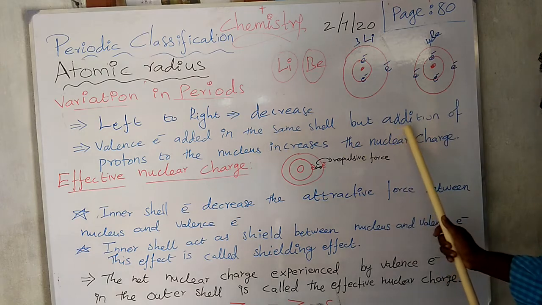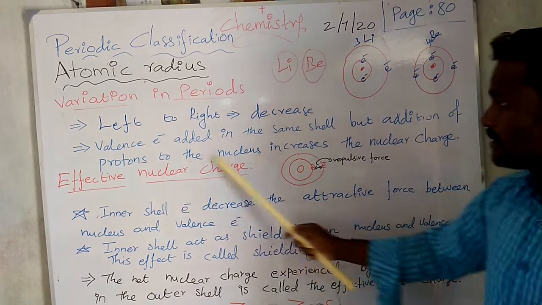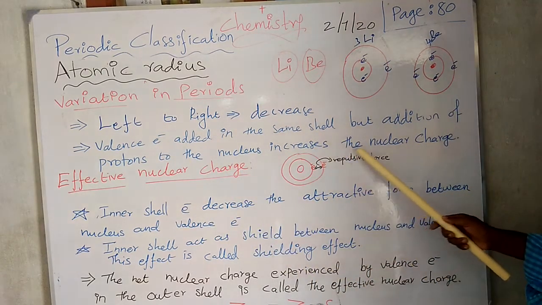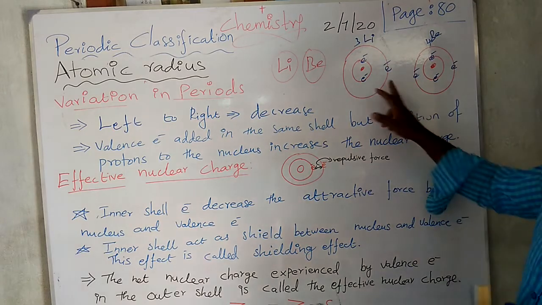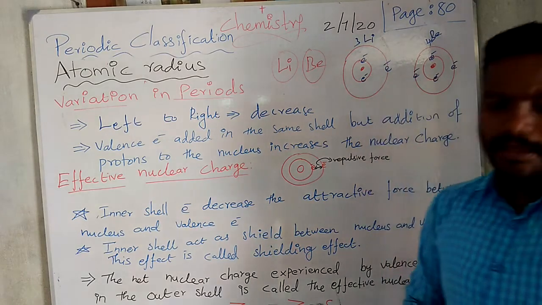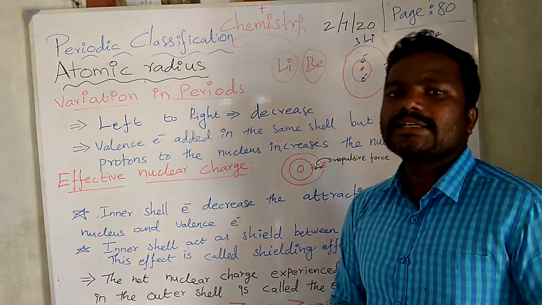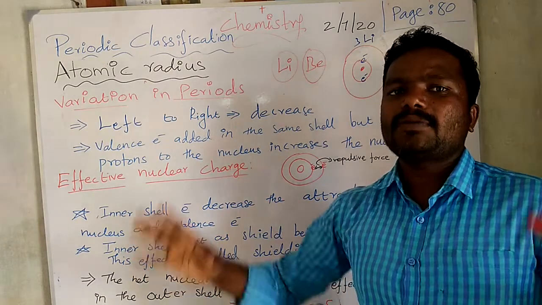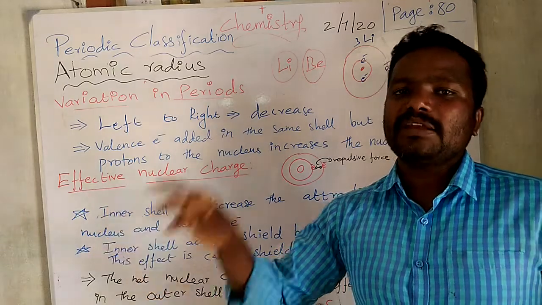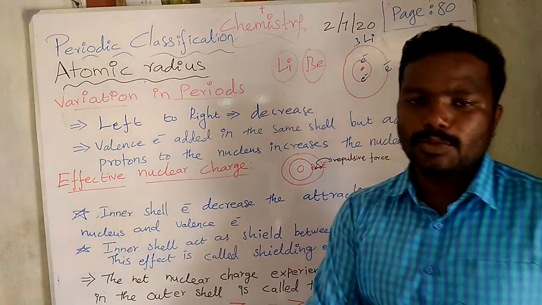But the addition of protons to the nucleus increases the nuclear charge. Both have two cells; the number of cells has not increased. So they may have the same distance between the nucleus and the outermost cell.